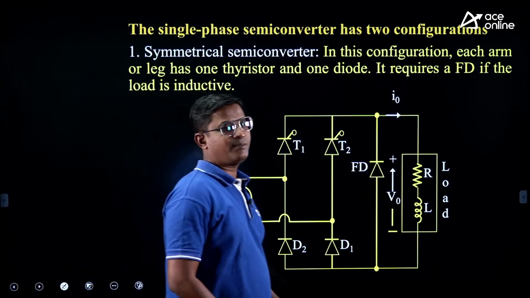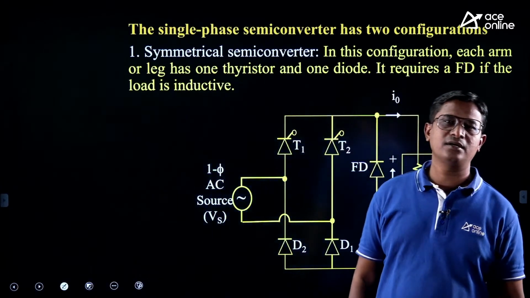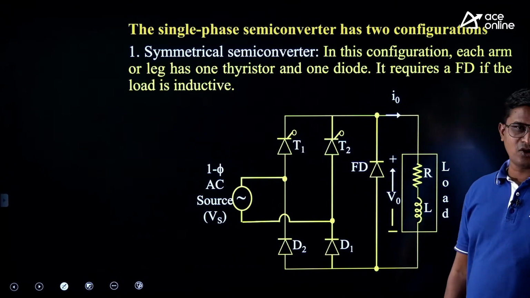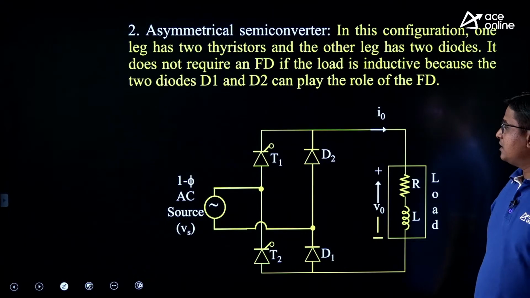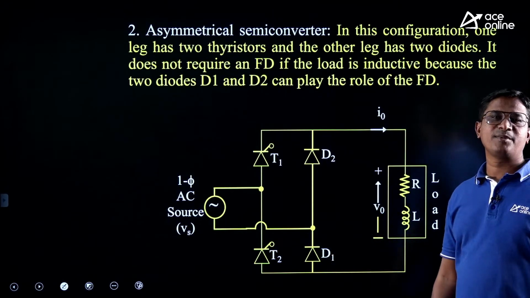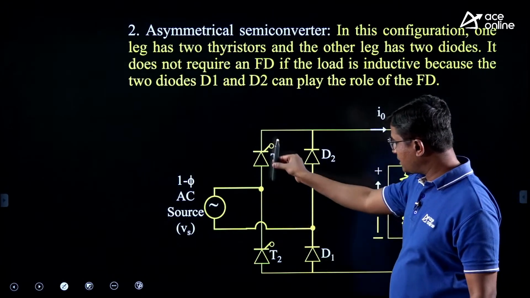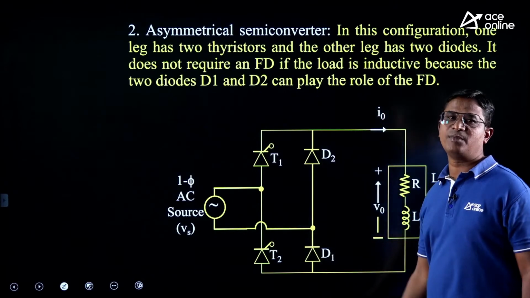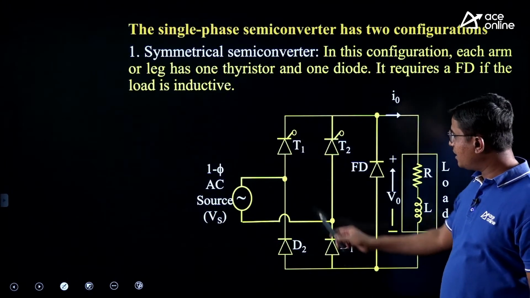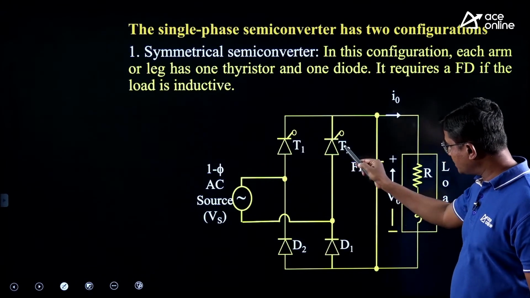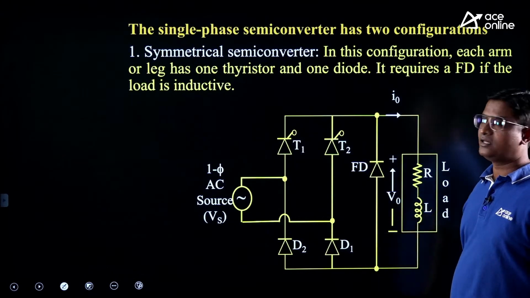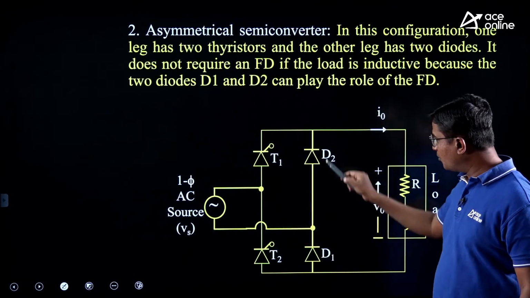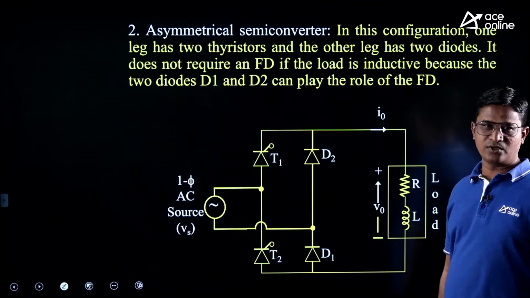Generally the symmetrical semi converter is used for RL or RLE loads. And this is an asymmetrical semi converter. Check, first leg 2 thyristors, second leg 2 diodes. In symmetrical, 1 thyristor, 1 diode in each leg. In asymmetrical, both thyristors in one leg and both diodes in the second leg.